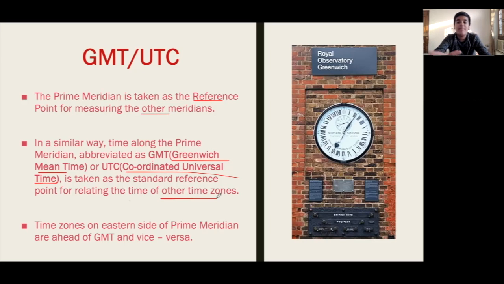So, India is 5.5 hours ahead of GMT, Singapore is 8 hours ahead of GMT. So, places on the eastern side of the prime meridian are ahead of GMT and vice versa. That means the places on the western side are behind the time at the prime meridian.